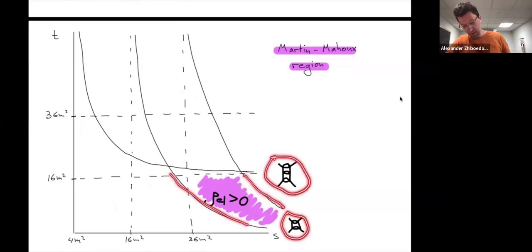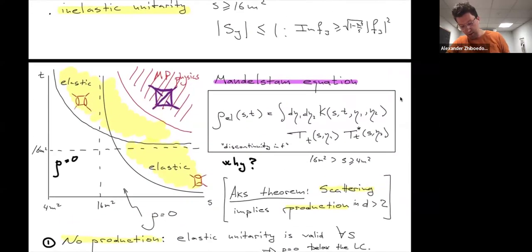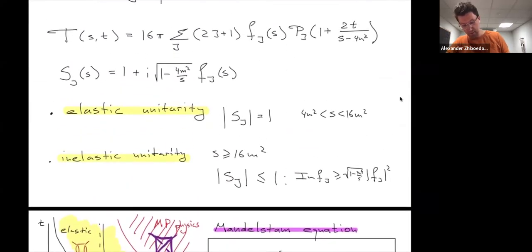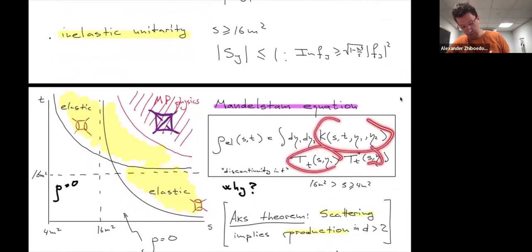So how do you prove something like that? You just take the Mandelstam equation and plug in the partial wave expansion, which is this formula. And then you simply use the fact that the imaginary part of f is positive and this series converges in some region. And then you find that the kernel is positive, everything is positive. This has to be positive if scattering is non-zero, which means f of j is non-zero. That is what it means that there is scattering.